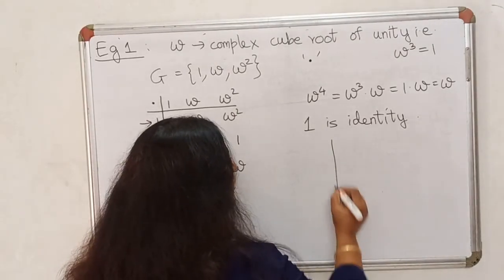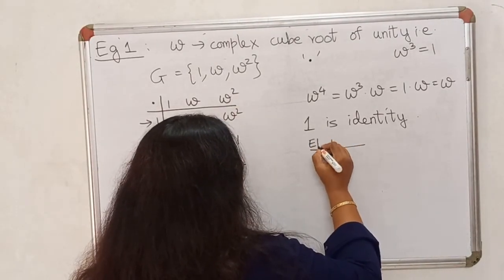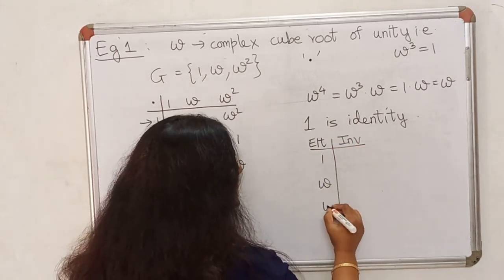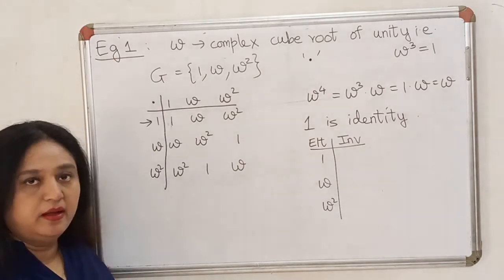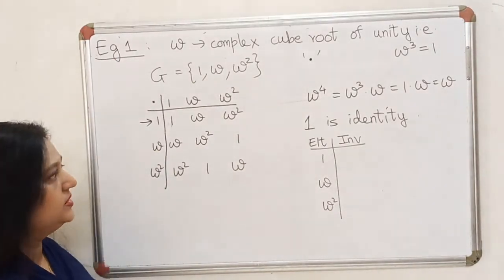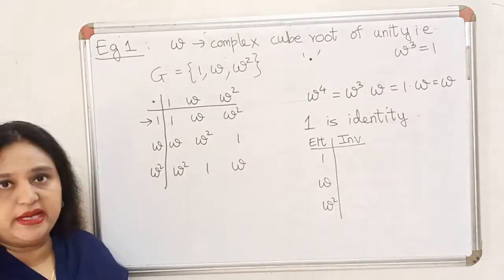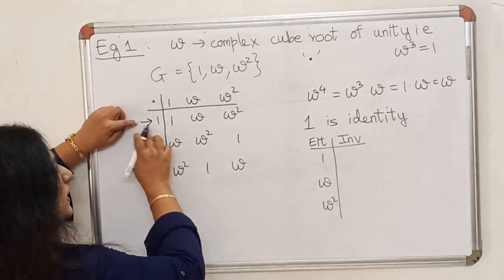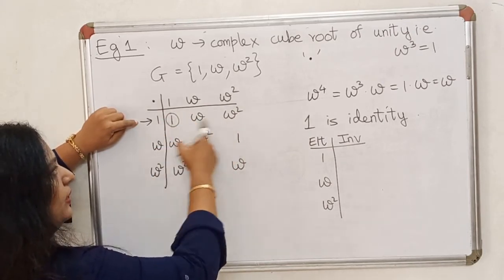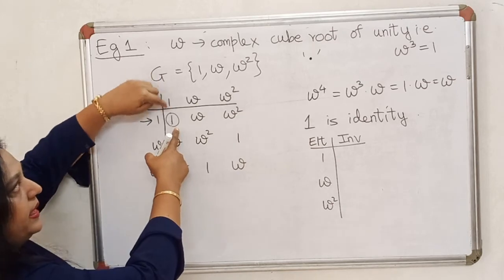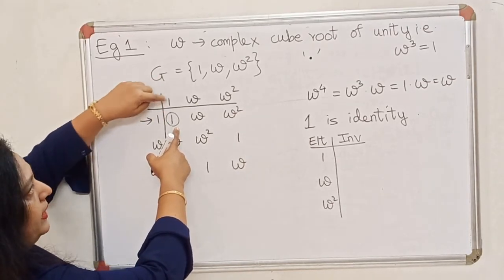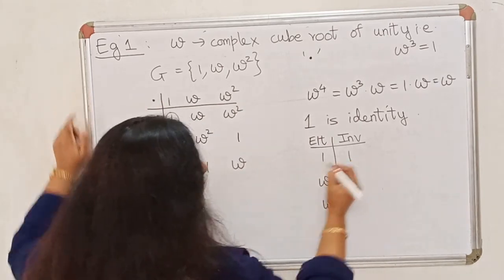Next, for every element in the set, let us find its inverse. We have 3 elements, 1, omega, omega square. And I mentioned a while ago how to find the inverse. For that, of course, you should know what is the identity. So in order to find the inverse of 1, look at the identity in that row. The element directly above that in the heading row is the inverse of 1. So inverse of 1 is 1.